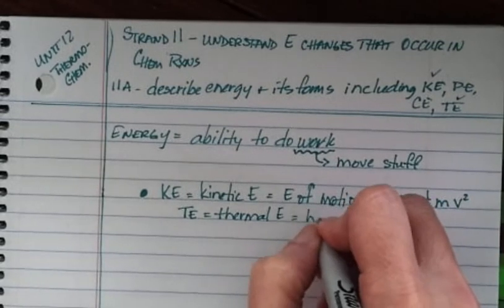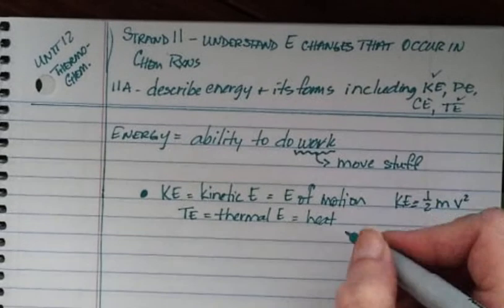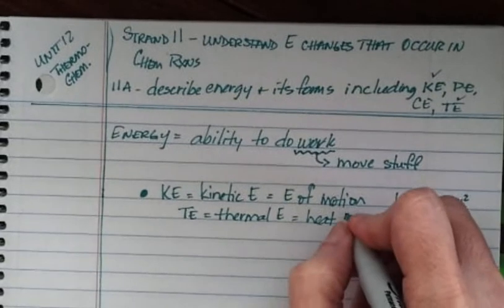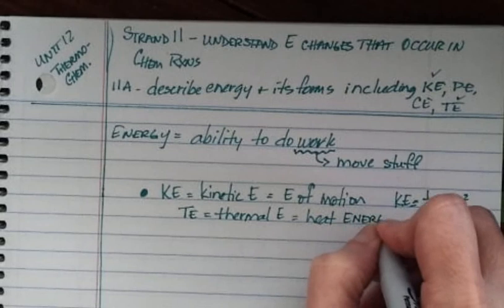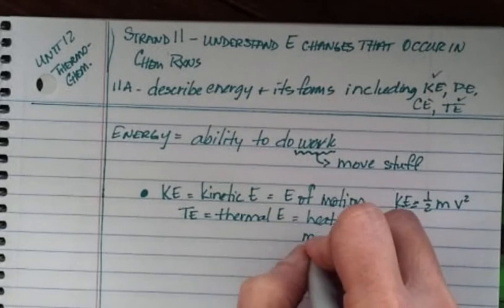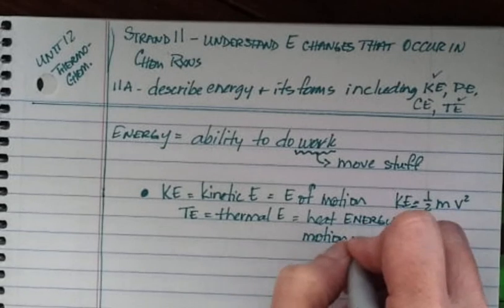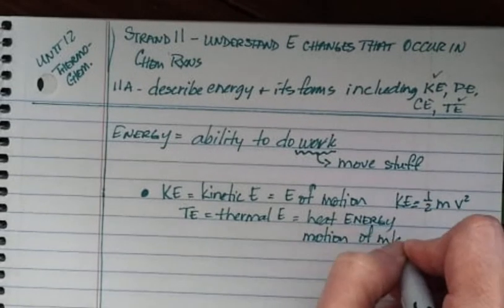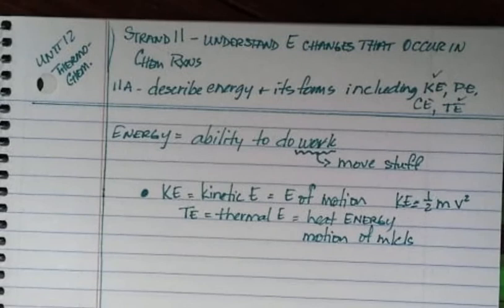And heat energy really talks about the motion of the molecules, or particles if they're not in molecule form. And if you remember in our last unit when we talked about gases and the kinetic theory of gases, particles are in constant motion, right? So we're talking about that now.